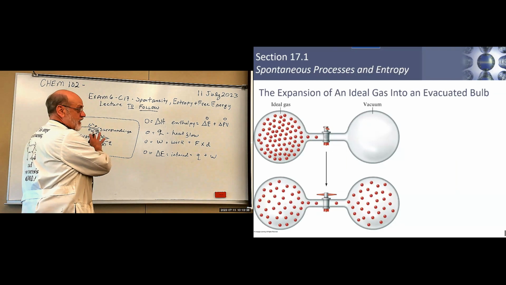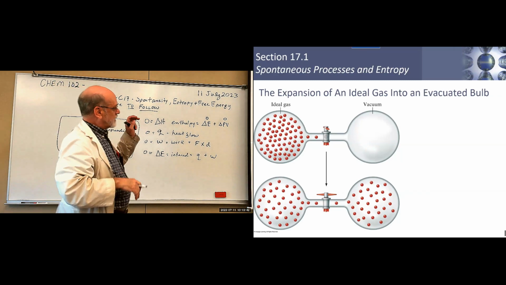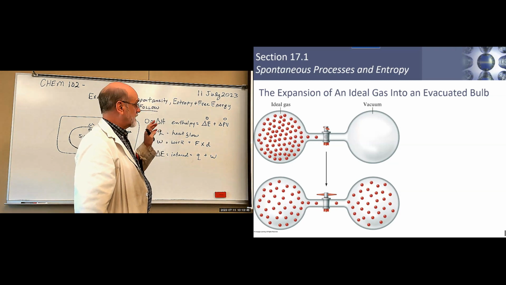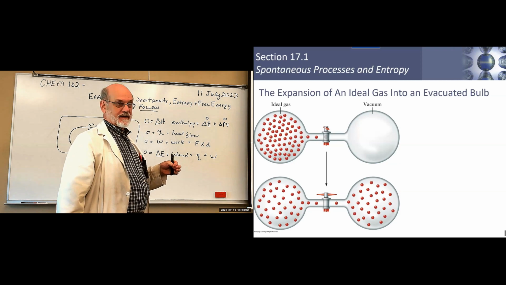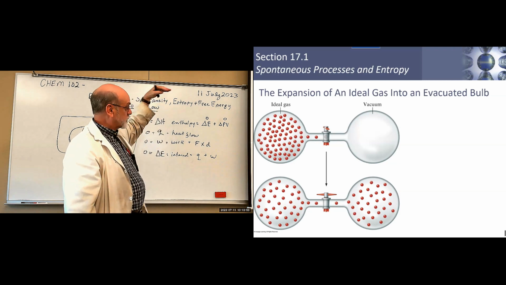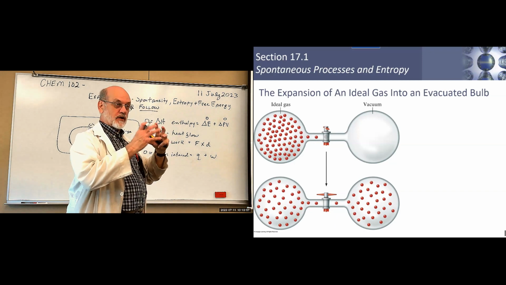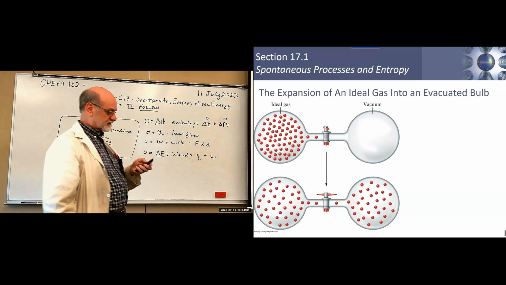So this is what we were describing earlier. When you open the valve, these red dots are individual molecules of gas that we're trying to explain. Notice anything different between the two? In the first situation, they seem to be closer together, and in the bottom situation, they're further apart.